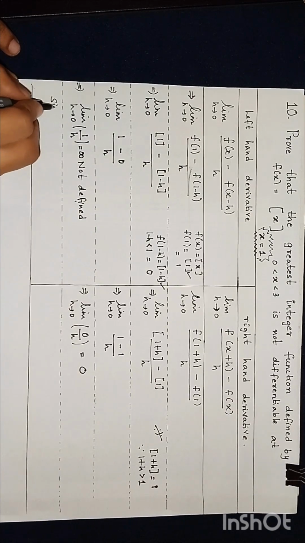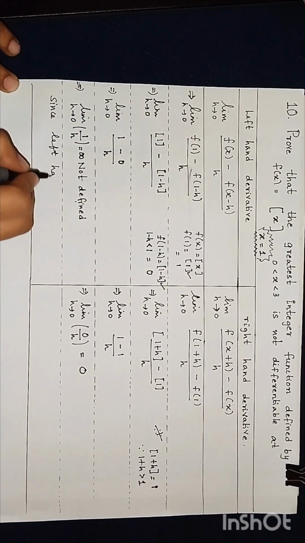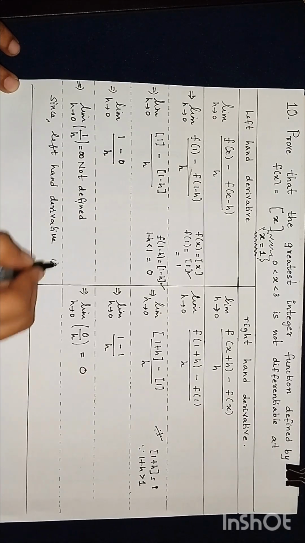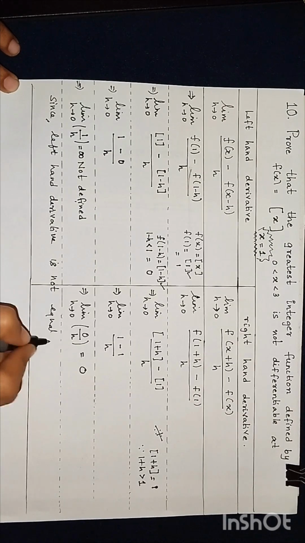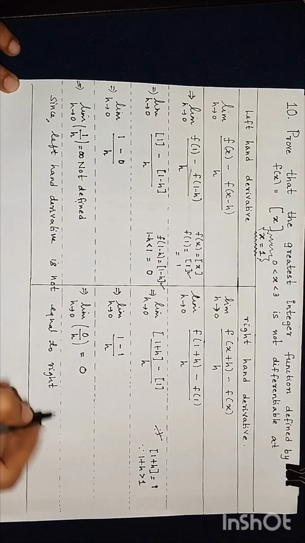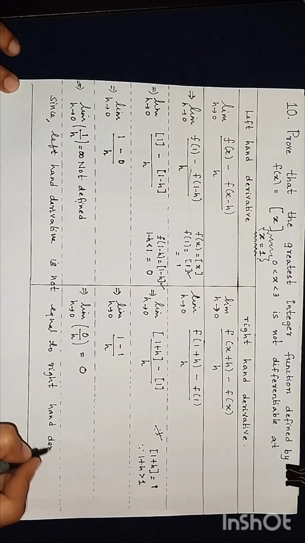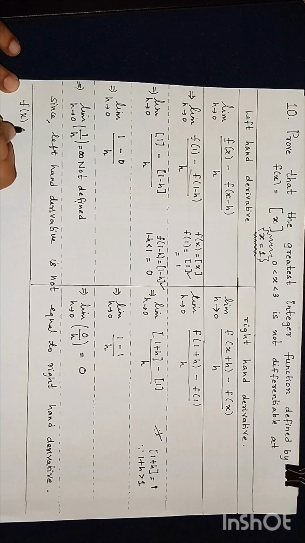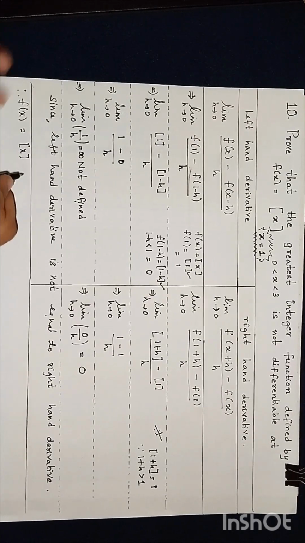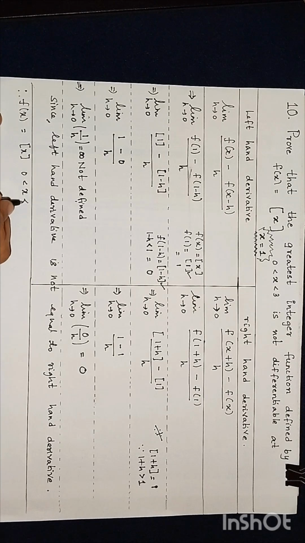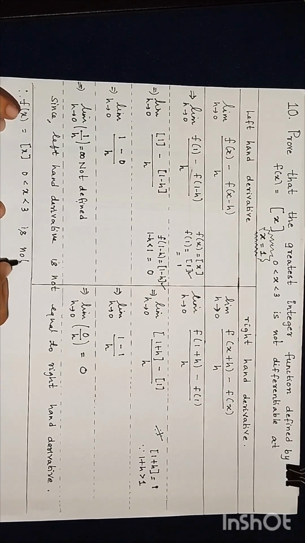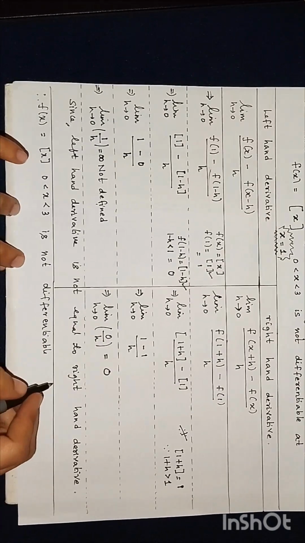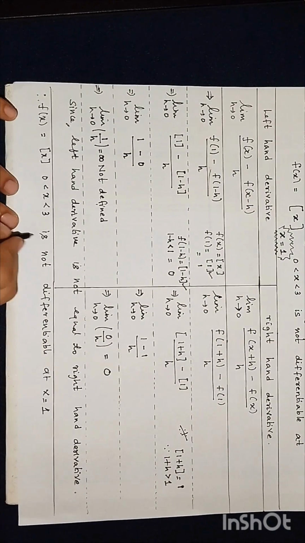So since left hand derivative is not equal to right hand derivative, we can conclude that f of x is equal to the greatest integer function of x, where x is greater than 0 and less than 3, is not differentiable at x equal to 1. Hence proved.